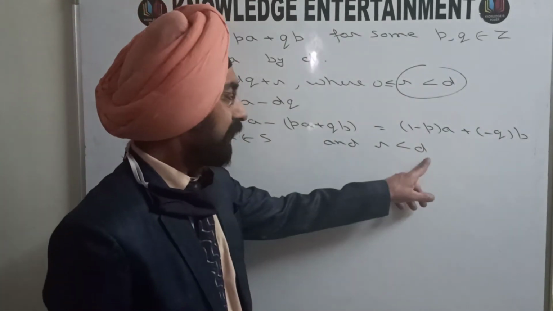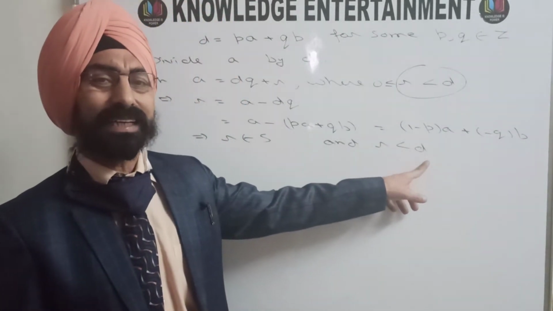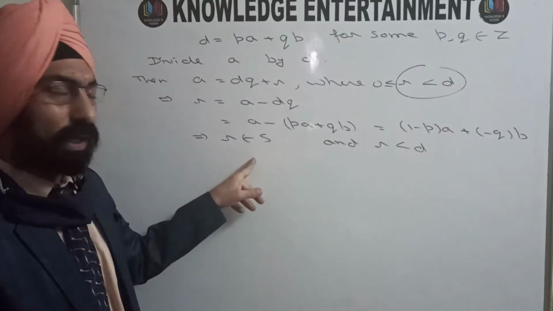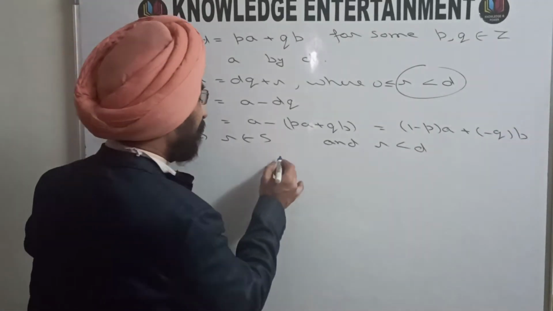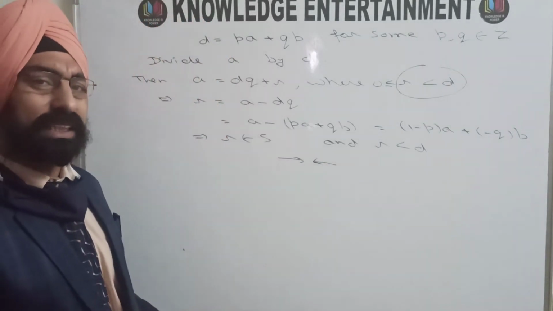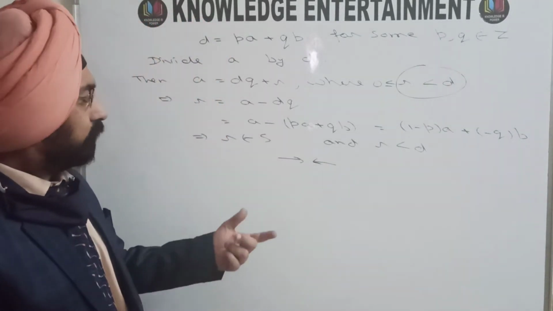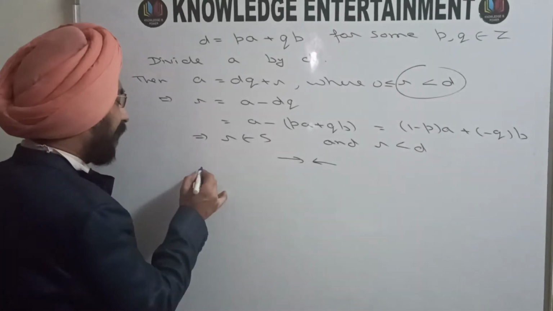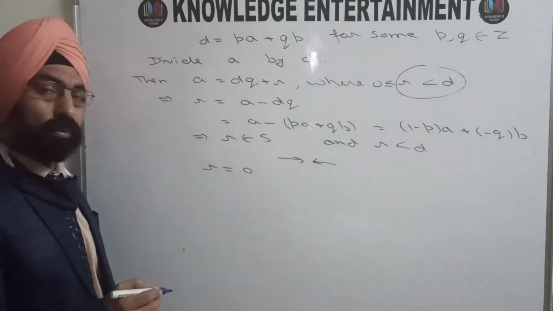D is the smallest member of S, and R, which is less than D, belongs to S. So this is a contradiction. This contradiction arises because we assumed R is not equal to 0. That means R must be equal to 0.